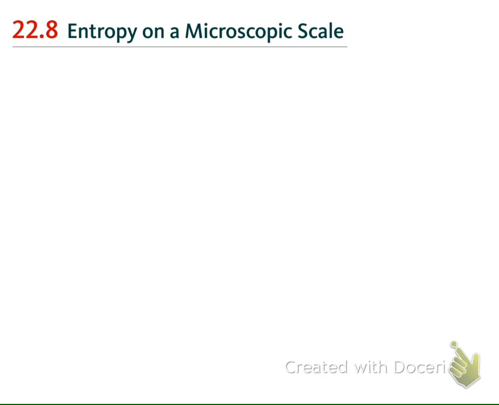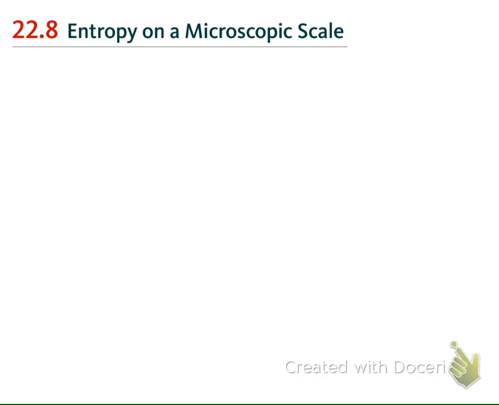Now we come to the final section of this chapter and the final section of Physics 1, that is the entropy on the microscopic scale. So far we talked about the entropy in terms of thermodynamics, but as we have mentioned before, this is related to the microscopic picture of the system.